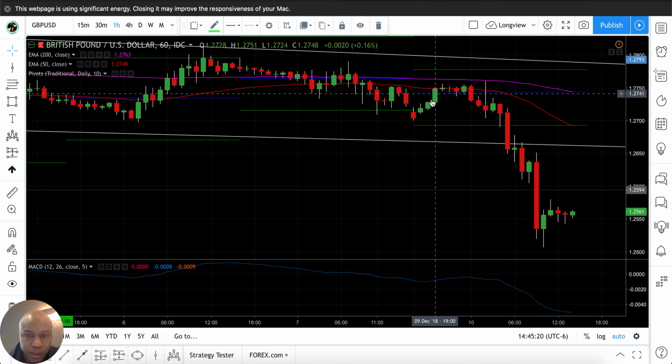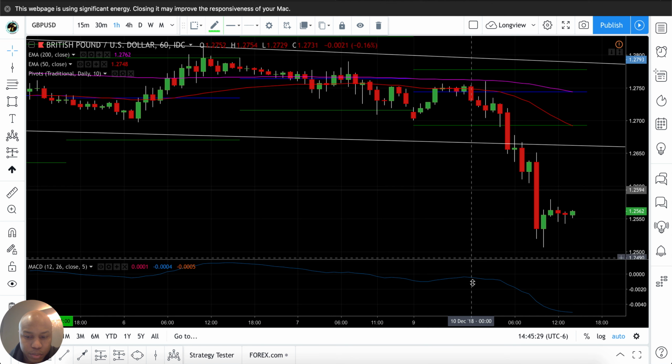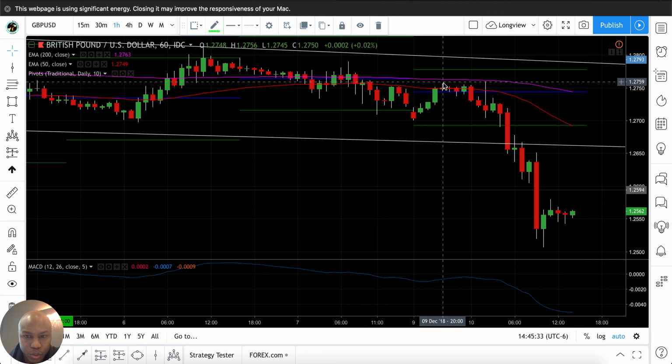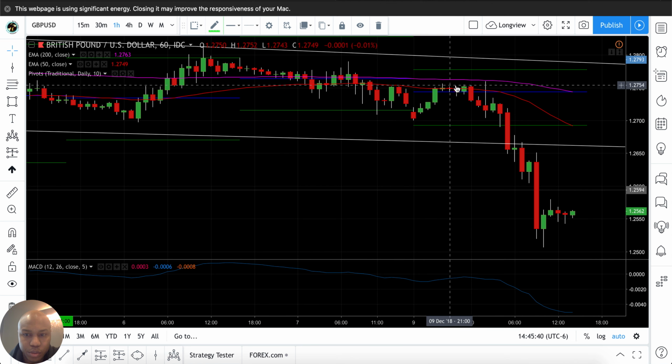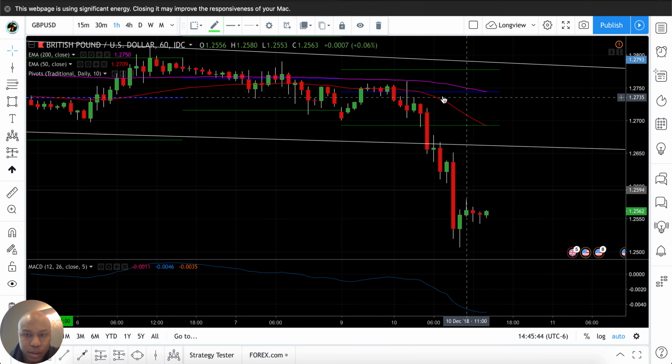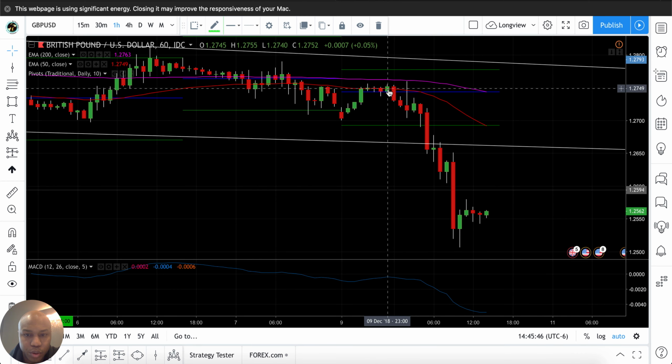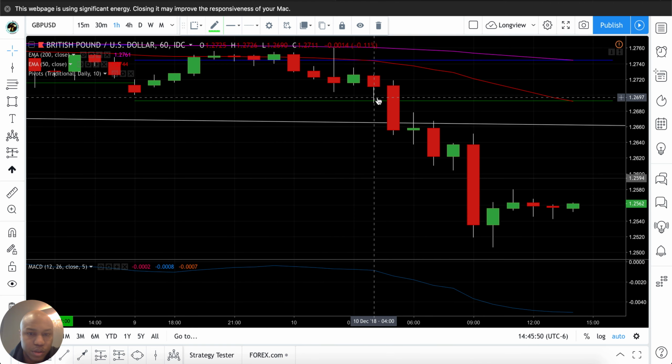Not necessarily, but maybe I'm on my charts at 8 o'clock last night, 9 o'clock, 10 o'clock, and I'm looking at the military time right here, all the way up to 12. So maybe if I'm up late and I'm looking at this, I might be able to put in a pivot order, but even then the price action's above that. It broke above the 50 EMA on this green bar, you'll notice.